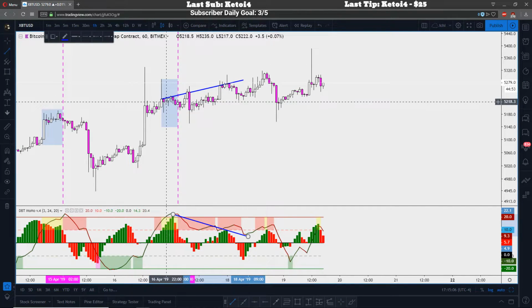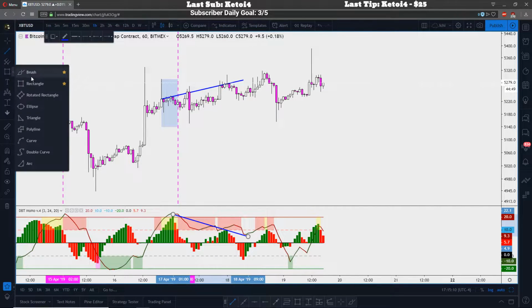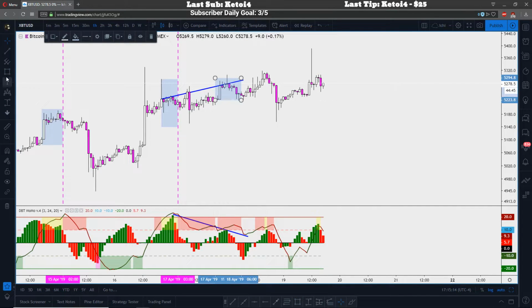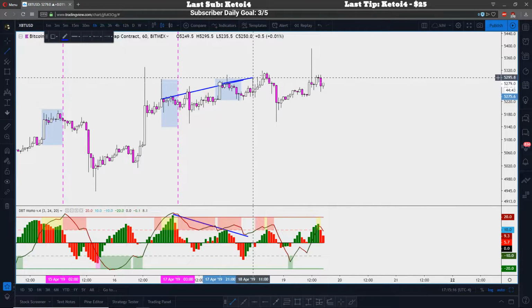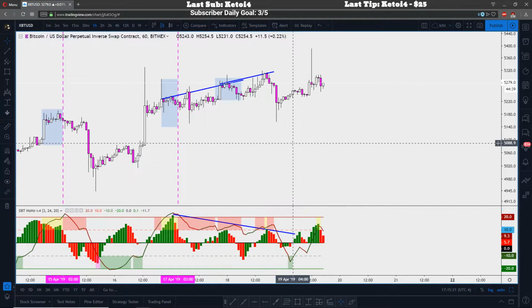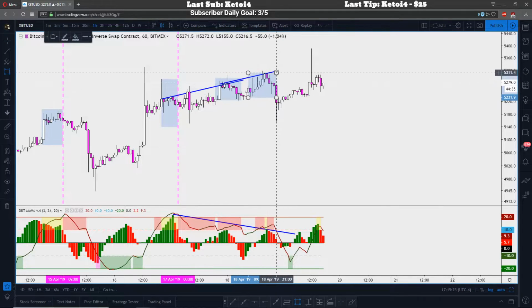Momentum is failing as price is rising. So this becomes a bear div. So if you were still in this short, you could have added to your short. And then you actually continue to rise again. And this just turns into a further bear div. This is a triple bear div. You could have added to your short yet again.